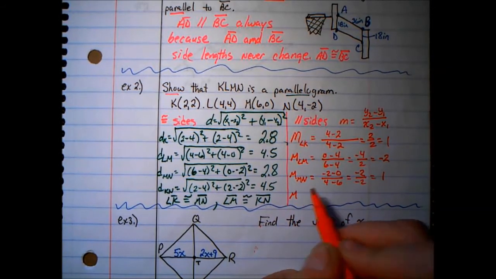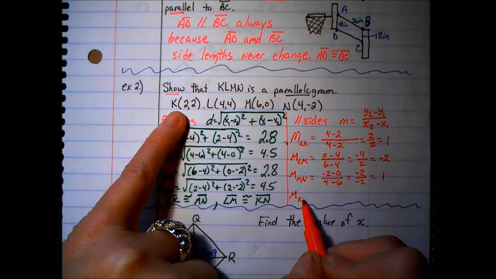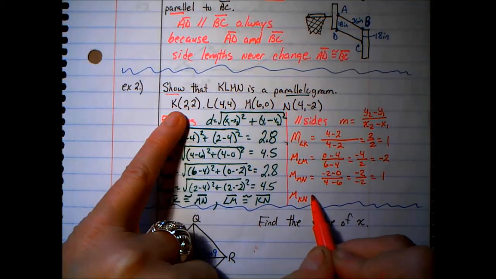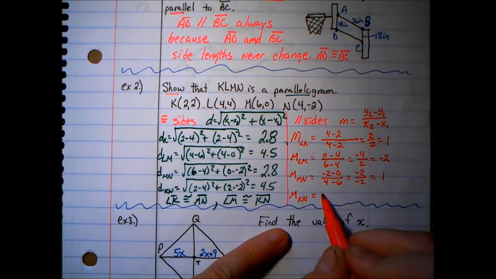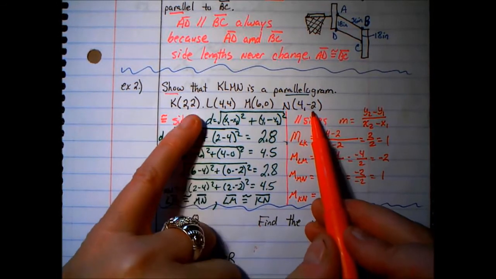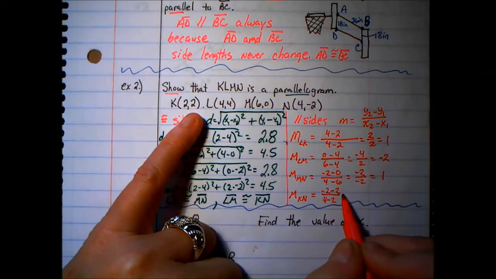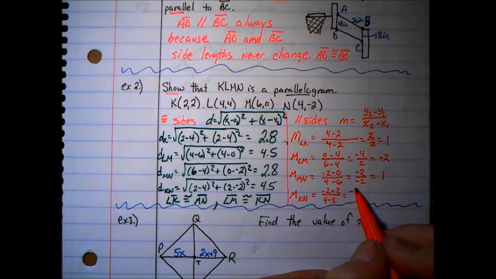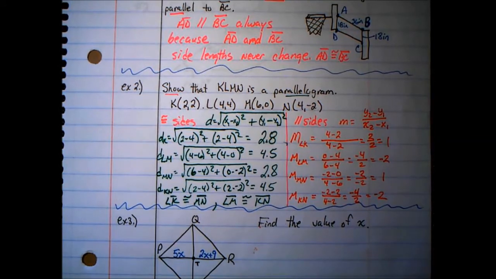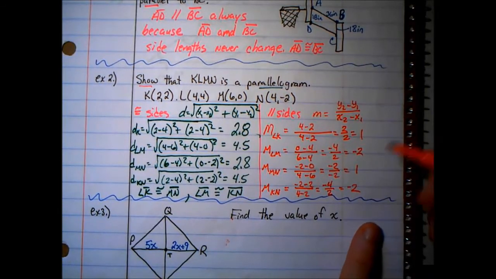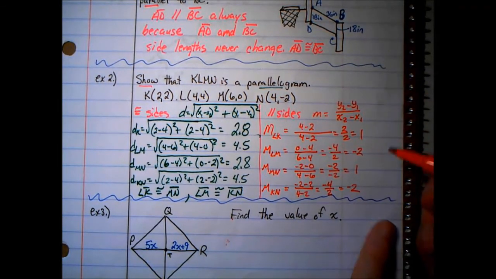And then if I do the last one, which you have to wrap the first and last points, that would be K and N. The y-coordinates, I'm going to do negative 2 minus 2 and 4 minus 2. That gives me negative 4 over 2, which is negative 2. So I'm going to squeeze it here on the side.